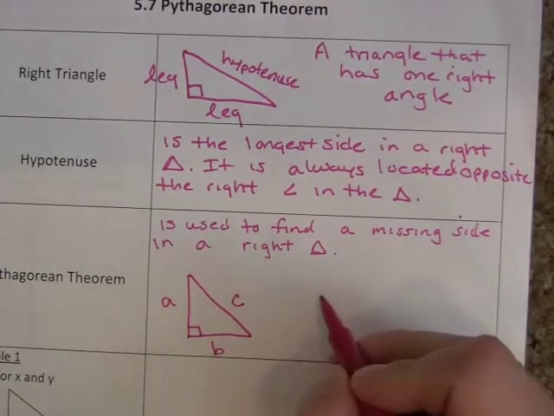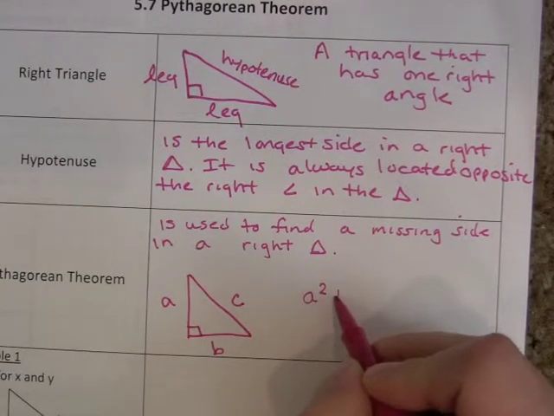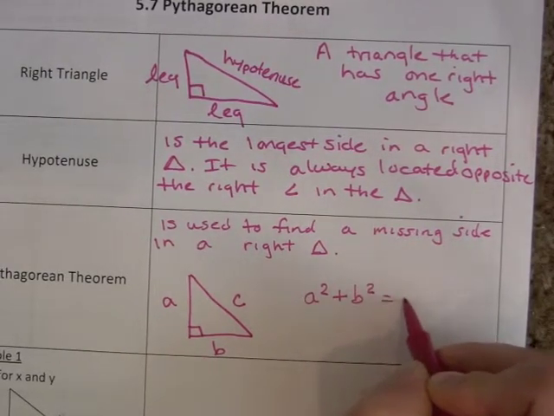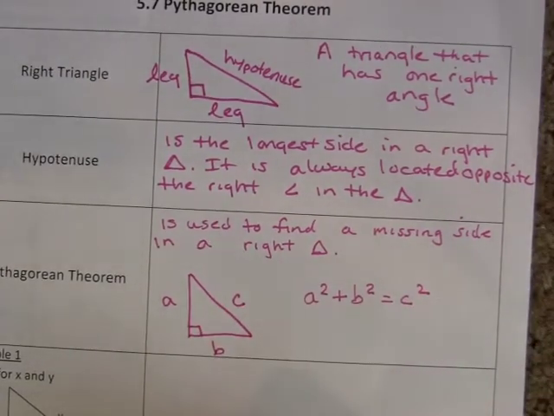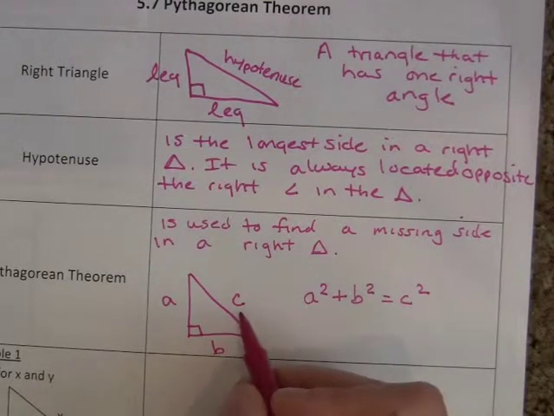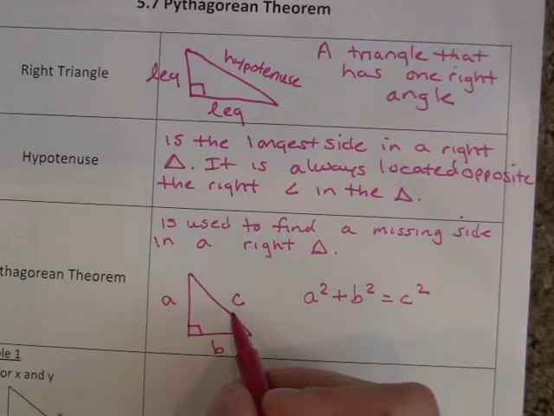The Pythagorean theorem is known as a squared plus b squared equals c squared. Now the key is locating the hypotenuse. The hypotenuse is represented by c.